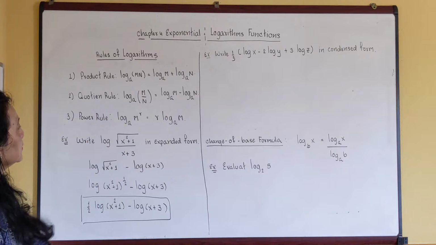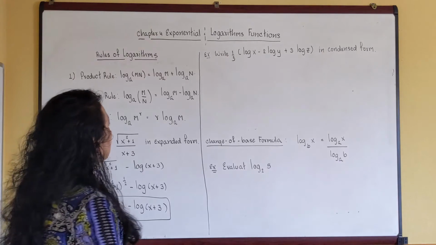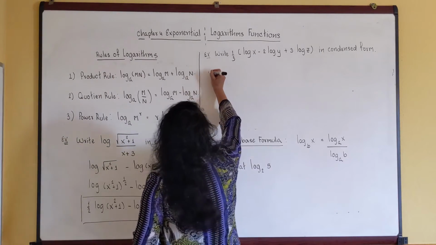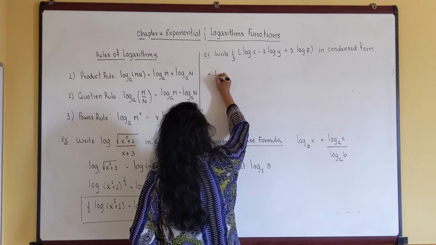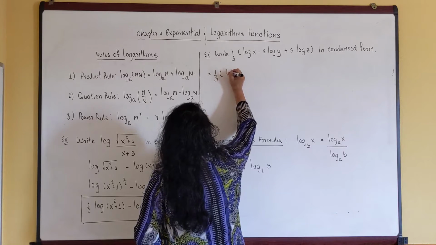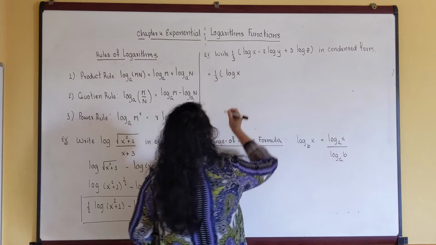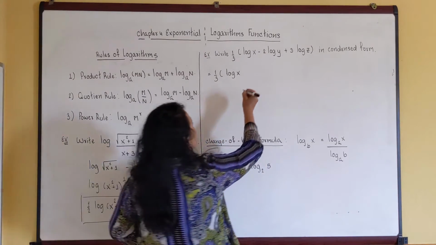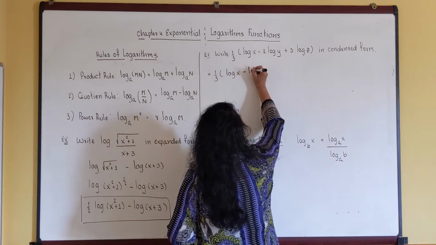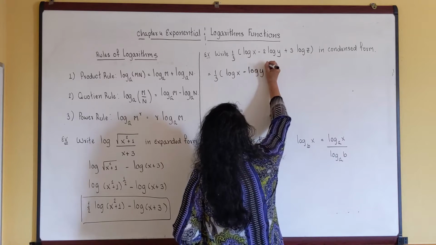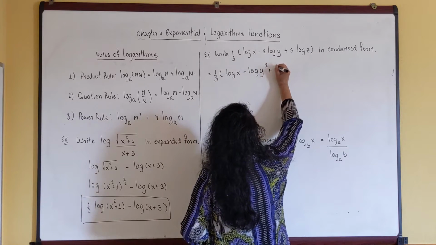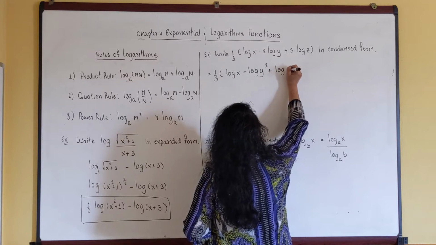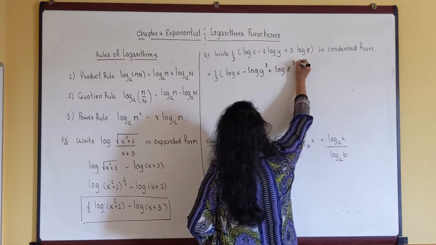So let's see. I'm going to rewrite this. Alright. So this is 1/3 log of x. I'm going to use the power rule here. So this is going to be minus log y squared plus log z to the 3rd.